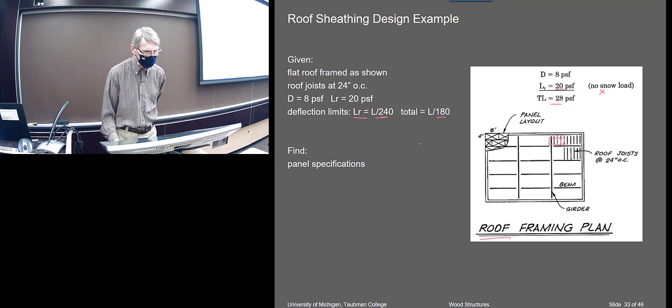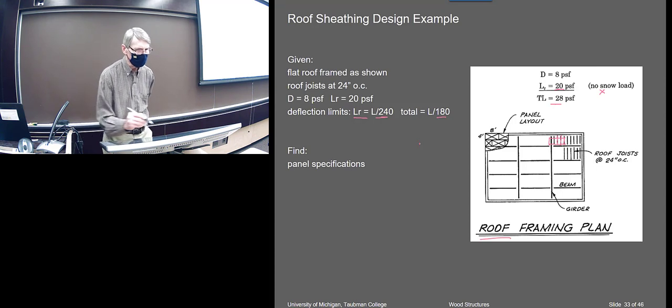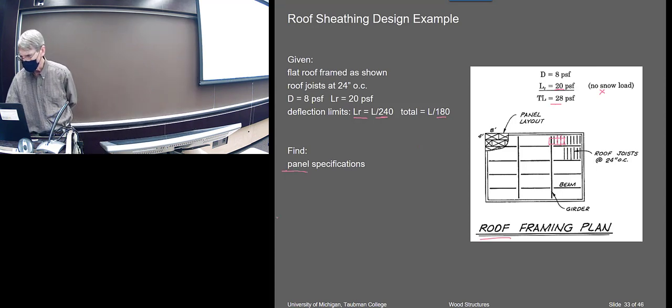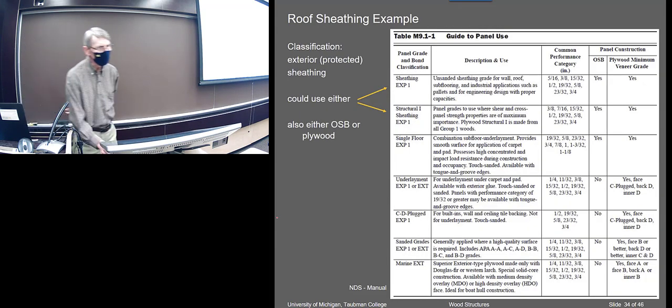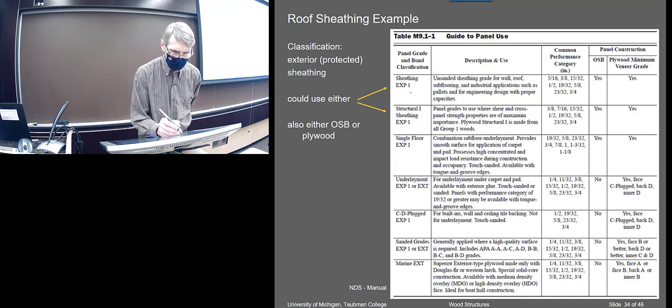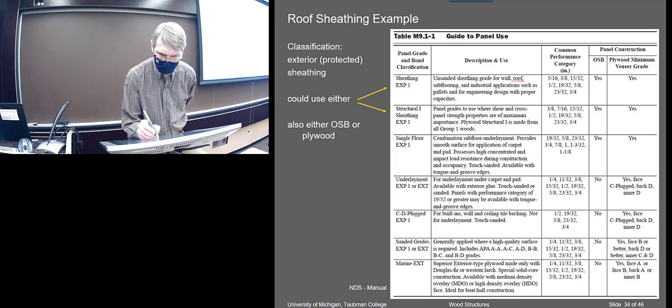Okay, and 24 inches on center. So what we want to do is choose a panel out of all these tables and everything that we looked at. It is unsanded. That one would classify for roof, apparently.